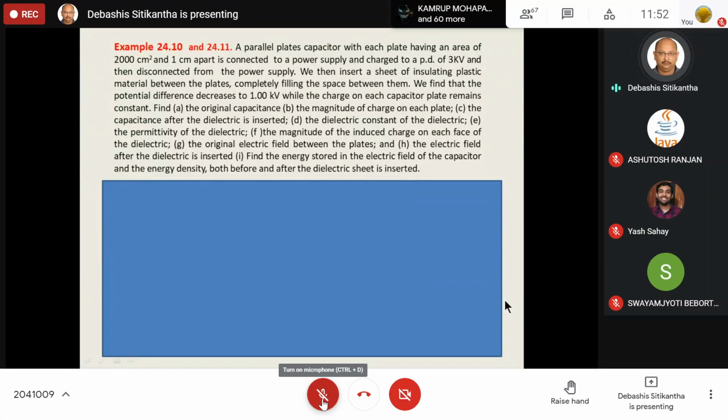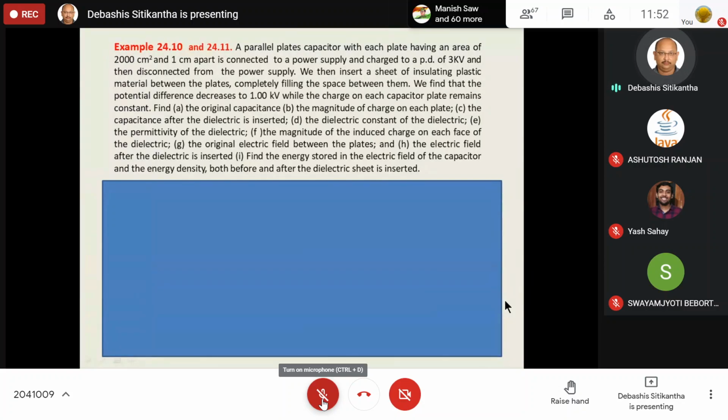What does that mean? Before we inserted the dielectric medium, the potential difference across the two terminals of the capacitor was 3000 volt. But now after insertion of the dielectric medium, the potential difference has decreased to 1000 volt. Very simple, because as I told you previously, the electric field was high.